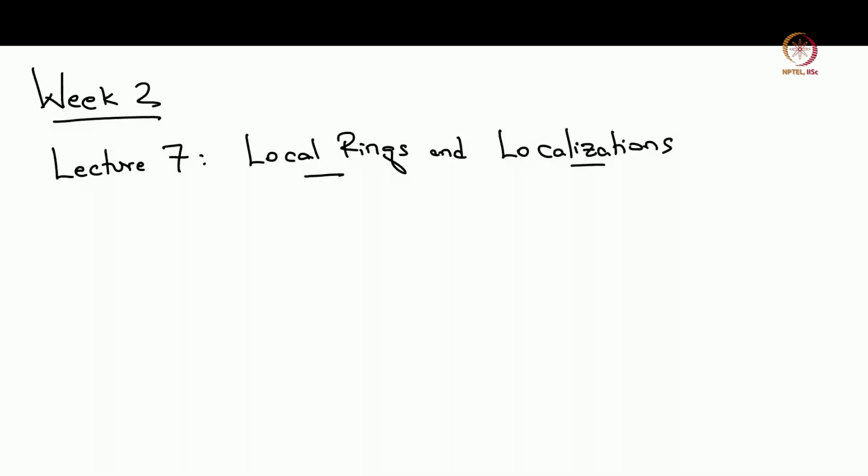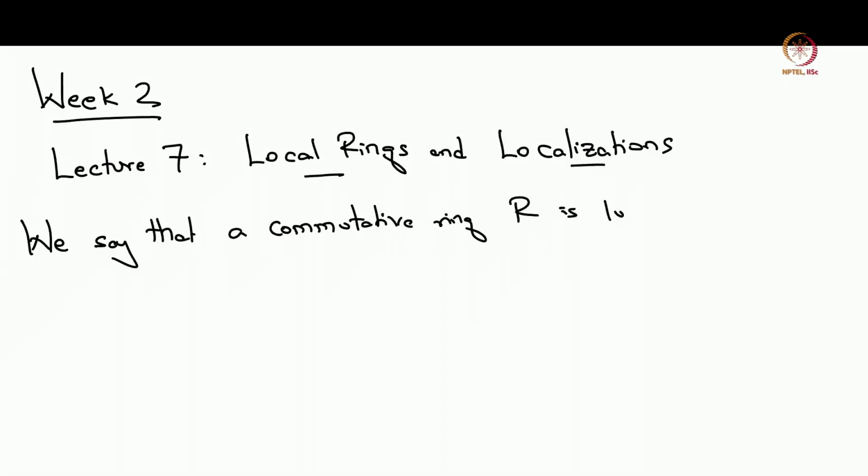So this will be a lot of recollection of facts from ring theory. We say that a commutative ring R is local, we call it a local ring, if it has a unique maximal ideal.